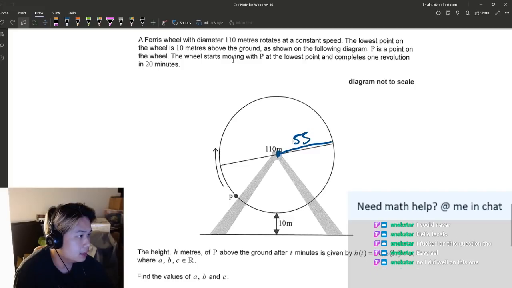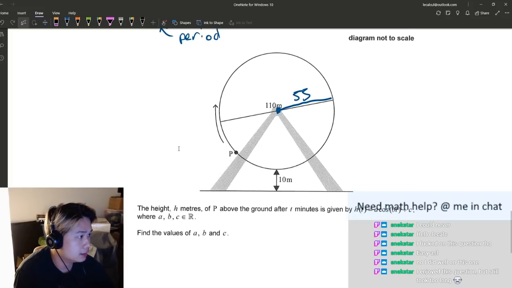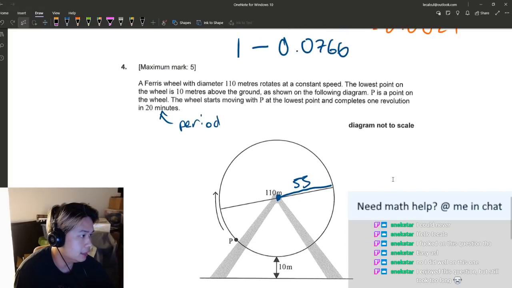P starts at the bottom and then goes upward, and it does 1 revolution in 20 minutes. So this is the period right here. The period is how long it takes to do 1 revolution. Okay, so we need to model this graph. Easy enough to do.